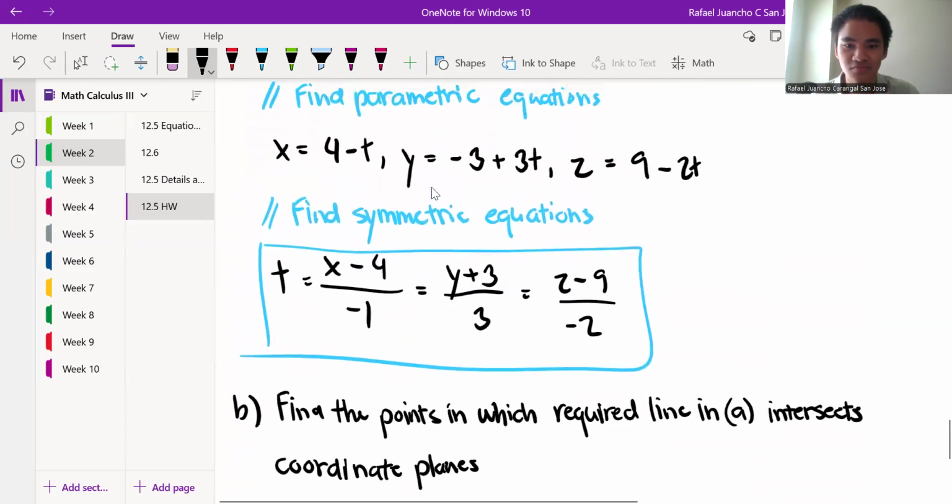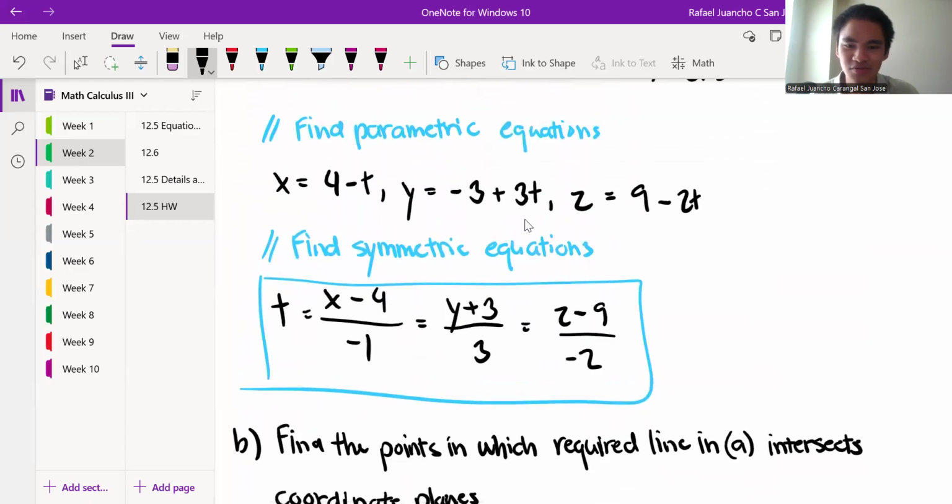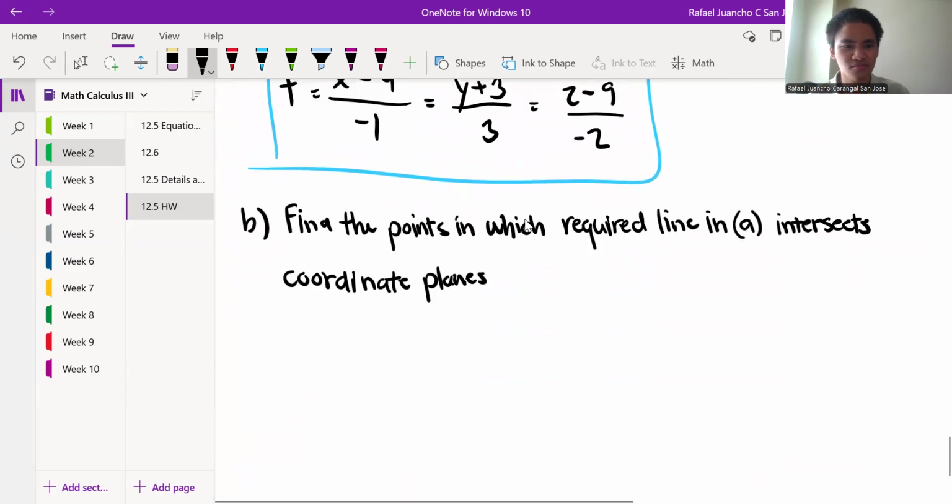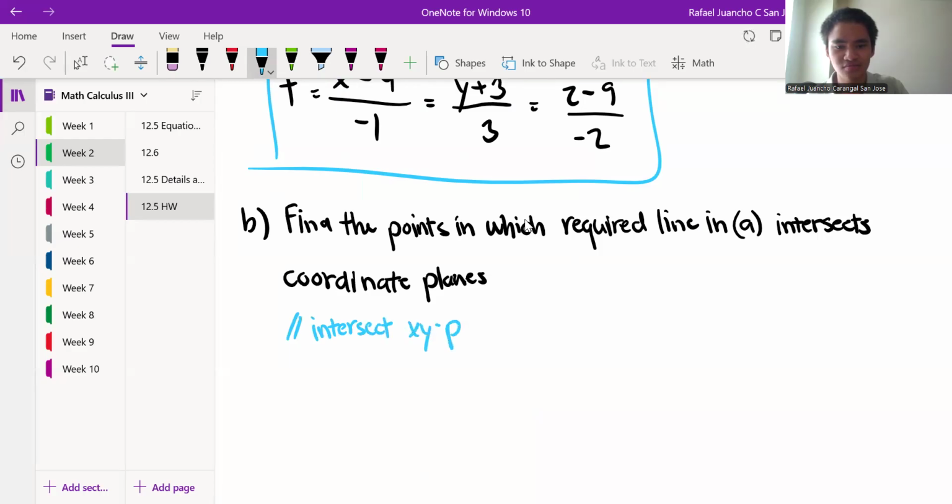So let's do it. Let's say we want to make it intersect the XY plane. Here we're basically looking at conditions. What's a point that intersects the XY plane? It's the point where x and y could be anything, but z should be 0.